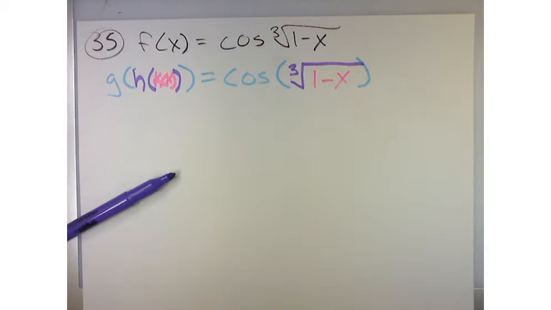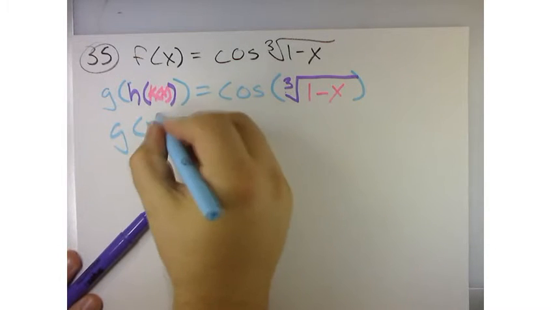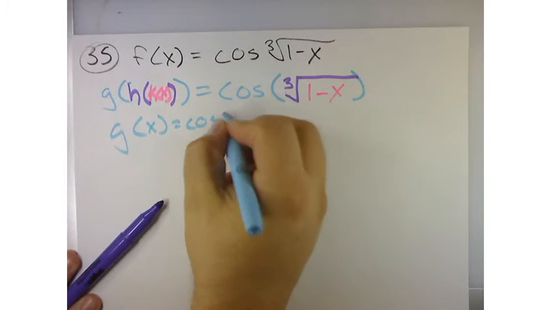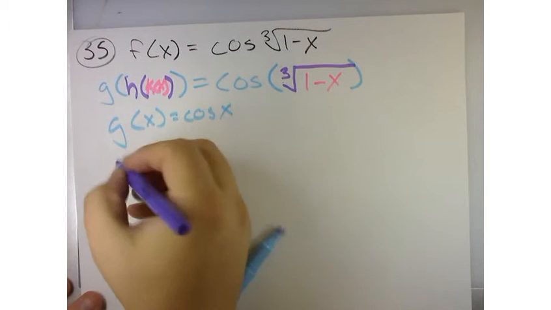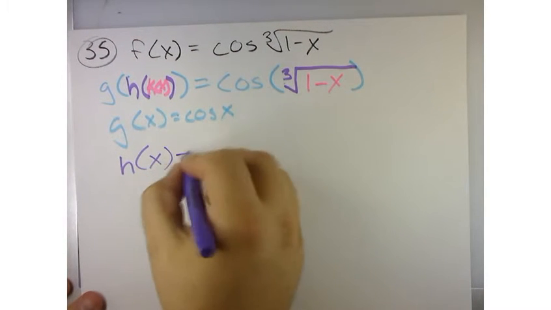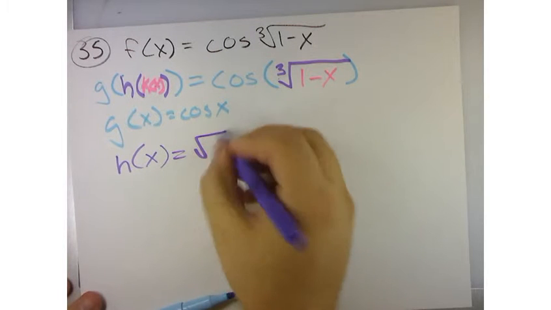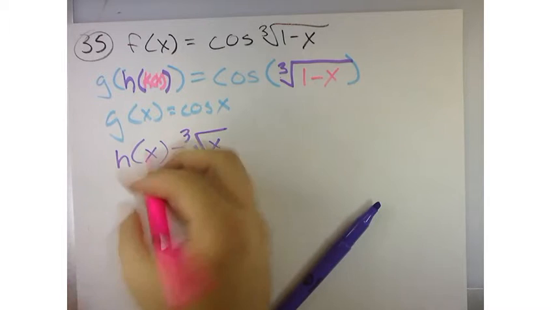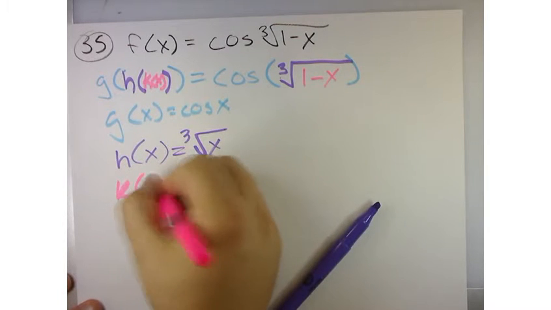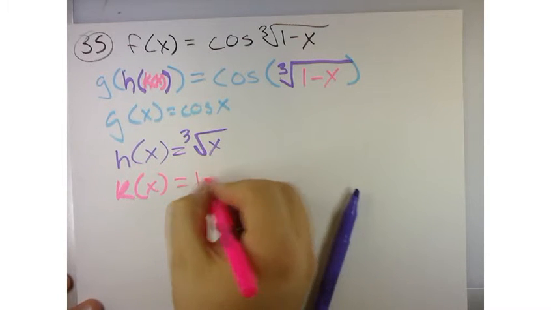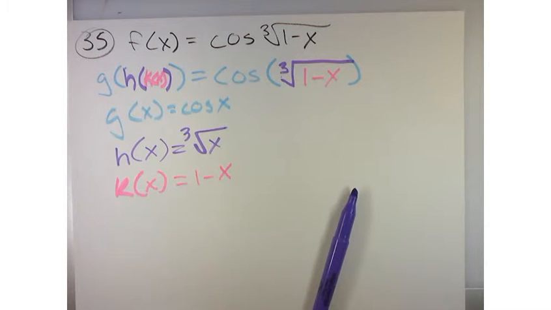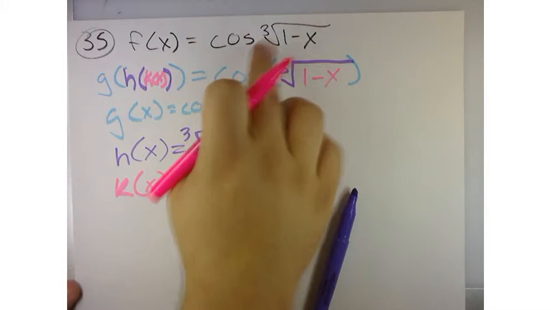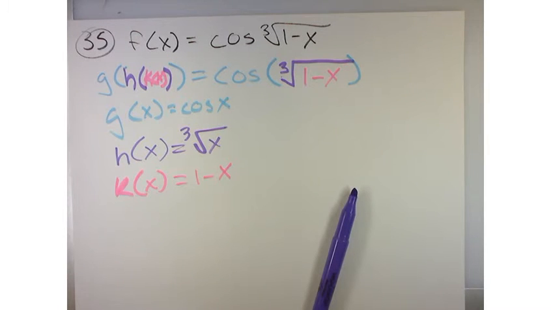Okay? So now what does that mean? Well, that means that g of x is equal to cosine of x, right? We said that h of x was equal to the cube root of x. And then we said that k of x was equal to 1 minus x. So in order for me to show that this is continuous, what do I have to prove?